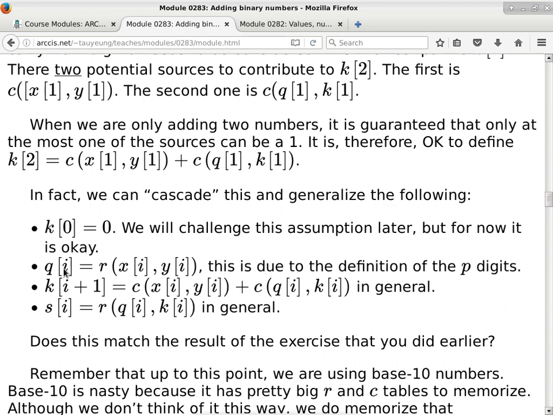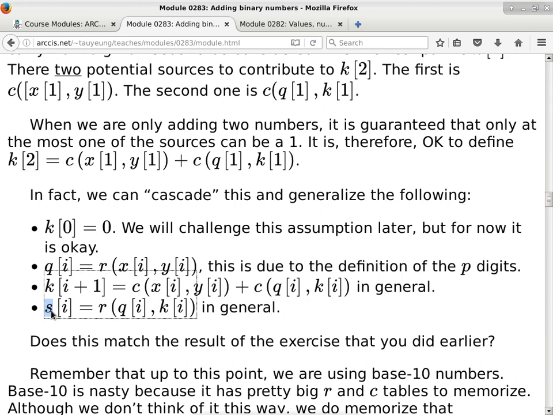X is the first number that you're adding, Y is the second number that you're adding, K is the carry to a particular column, and Q is the intermediate sum, which is represented by the sum of the red portion on the whiteboard, and then S is the actual sum, which is the third row, the S I are the digits of the actual sum.